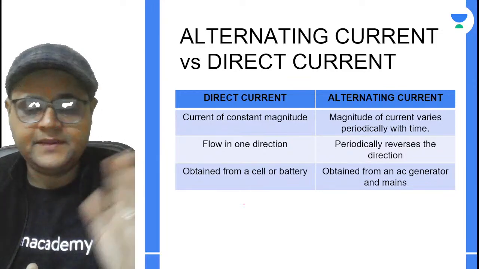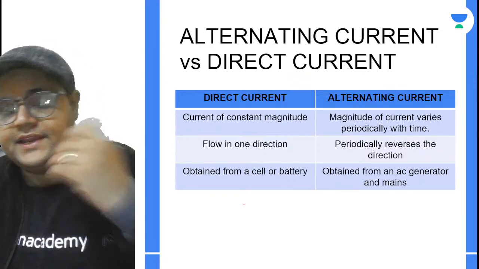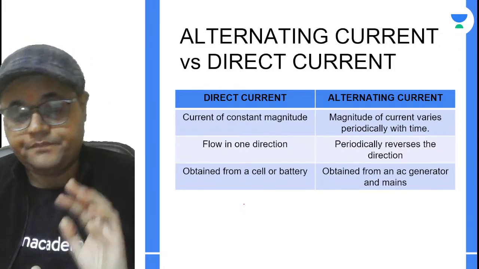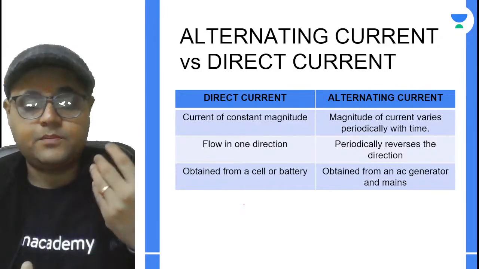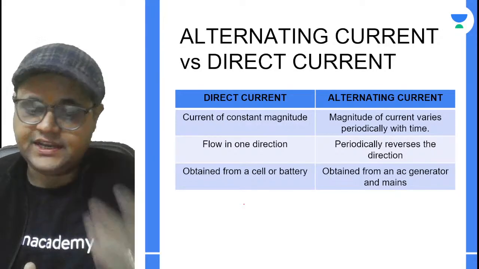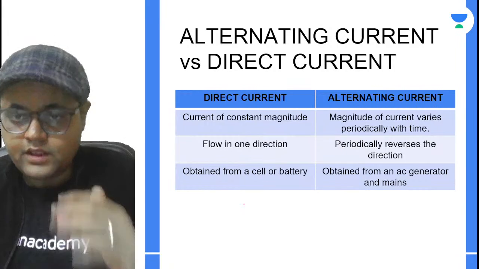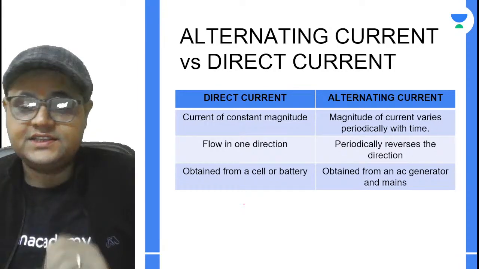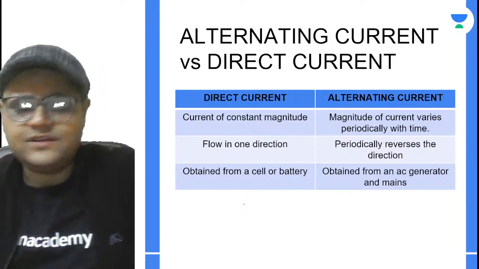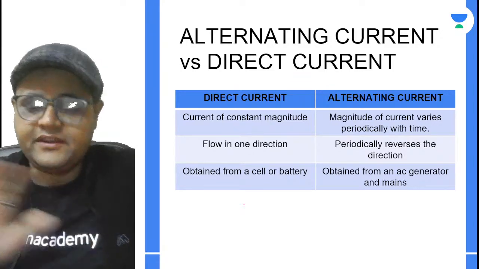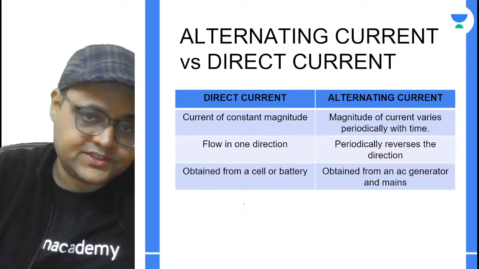Then in the later part of the session, I'll be telling you about an application, that is the transformer. I'll tell you how a transformer works, what the constructional details of a transformer are, the functional details, how you can calculate the efficiency, and what losses a transformer has.